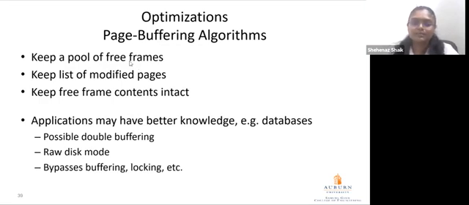And that in fact reduces the amount of overhead resulting from a page fault.